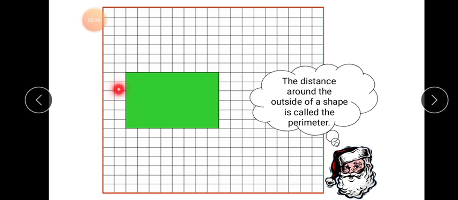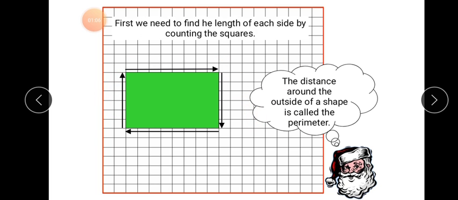So the total distance around this rectangle we will call perimeter. The arrow mark means the total distance. If I add all these distances, the answer we get we'll call the perimeter.